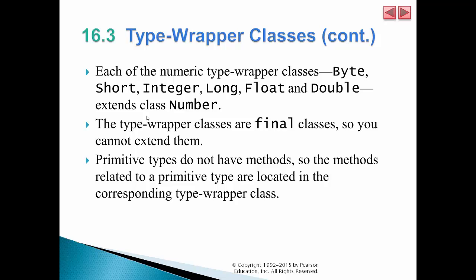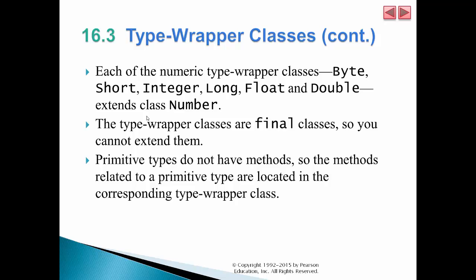Okay, so we have this general class which represents the numeric type wrapper classes, and it's called Number, right? So if we don't know which primitive data type a particular variable represents, we can easily define this variable as a Number and use this abstract class type for any numeric value to be stored, right?